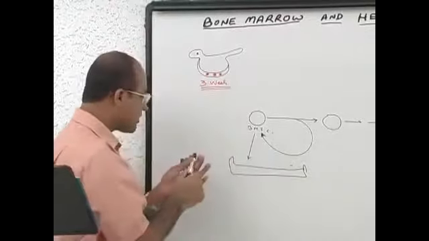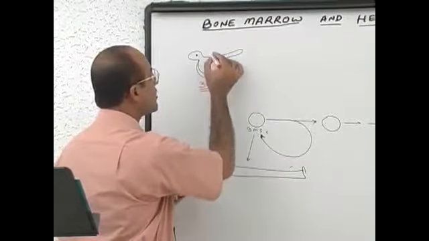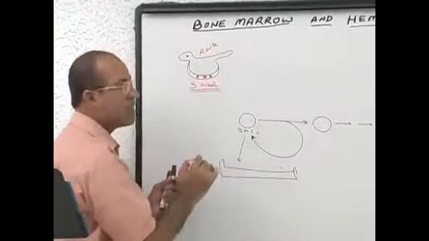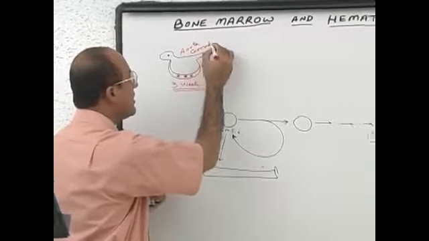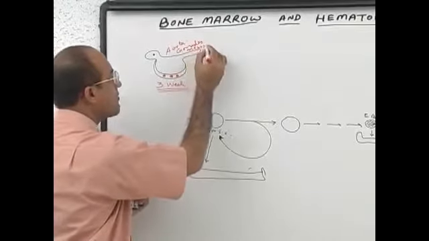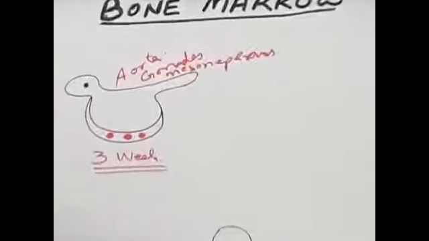But another point I want to highlight is that these stem cells also take origin in the mesoderm of the aorta. They also take origin in the mesoderm of the gonads, and in the mesoderm of the mesonephros, right?